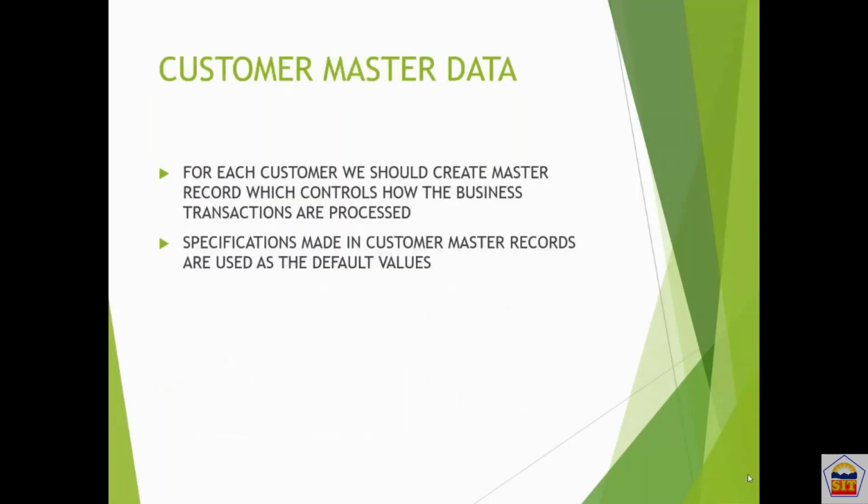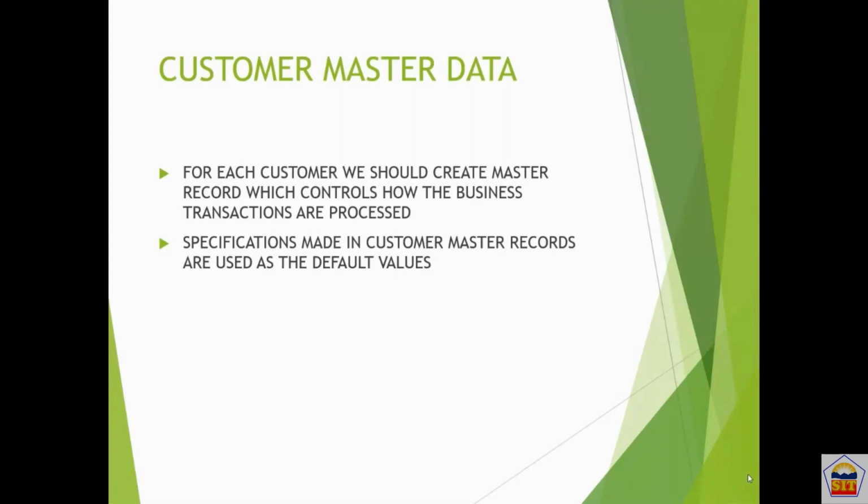Here we will be creating the customer account, and for that customer account we will be creating customer master data. Based on the information we maintain in the master data, the system is going to process your customer business transactions.